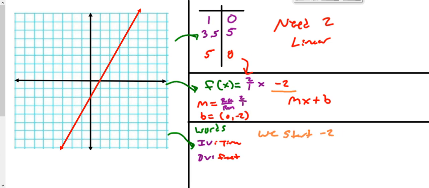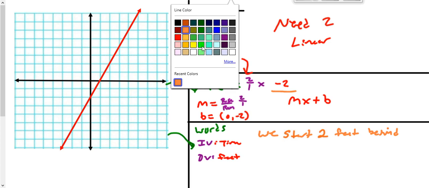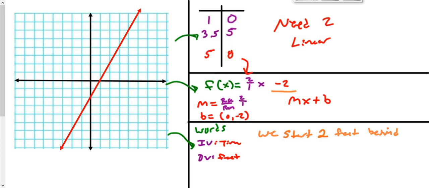So let's say we start, or we don't want to include negative in the story here. We want to include it in different ways. We start 2 feet behind. That illustrates the 2, and the behind part tells us negative. We now have to relate our ratio, this 2 over 1. Our ratio of 2 over 1 is DV feet over time.